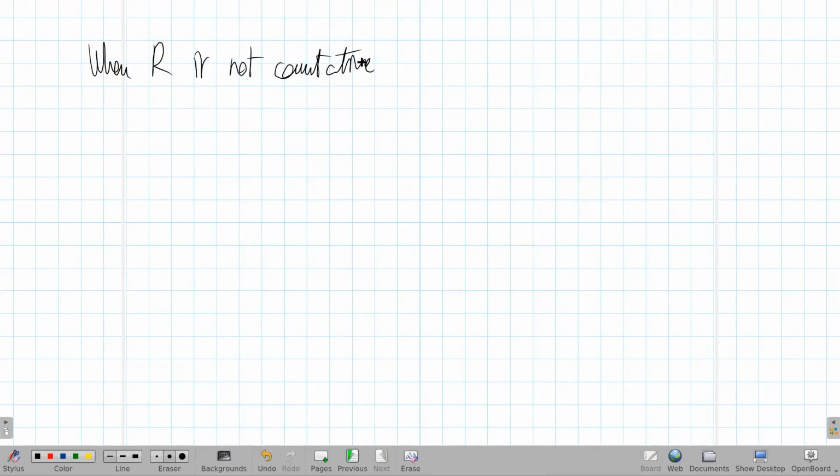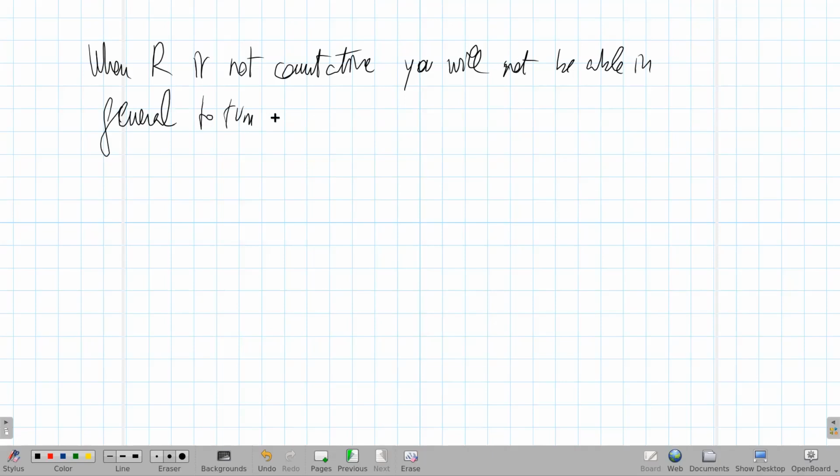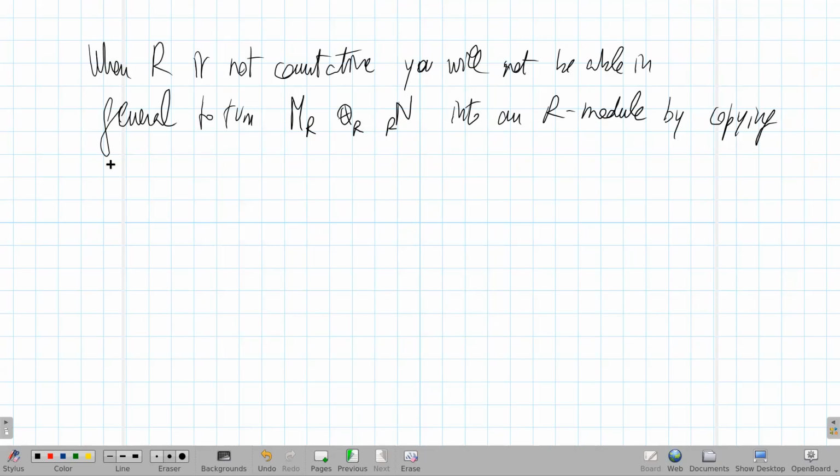I mean, if it's not commutative, we have a problem. Why? You will not be able, in general, though in particular cases it might work, to turn this product into an R module by copying the method for vector spaces.